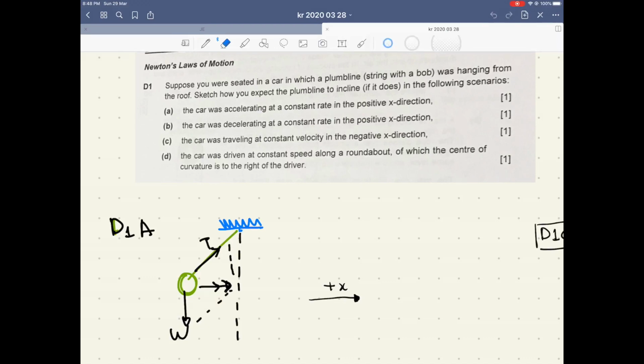So I will draw, sketching the plumb line here. And for D1A, we assume the positive x-axis is to the right.